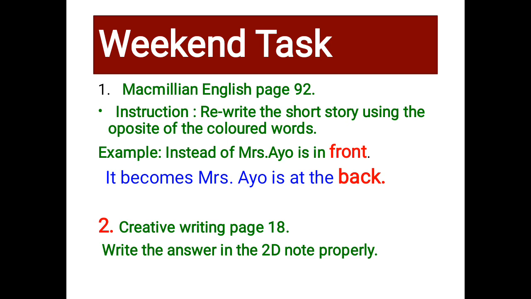And the second task is still on creative writing, page 18 rather. Here is also on opposite. So I want us to understand the concept of word and opposite very, very well. So this part, you are to write the opposite of the words. You are given some words and pictures.